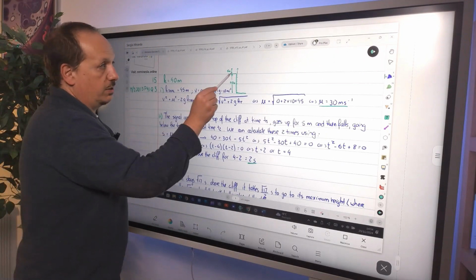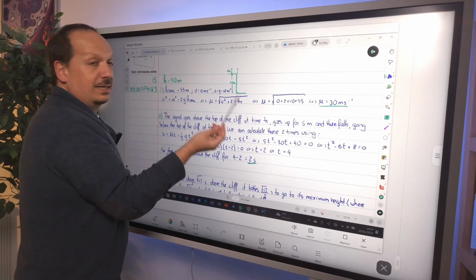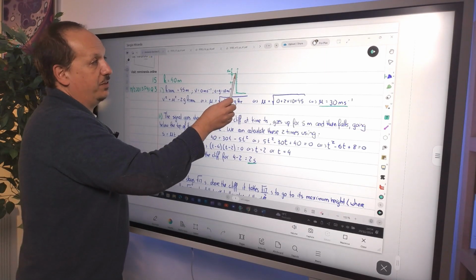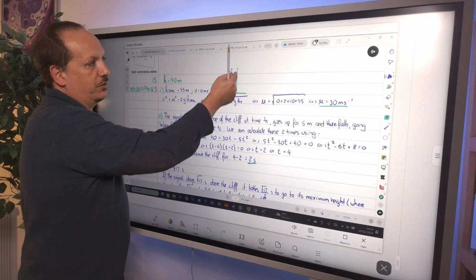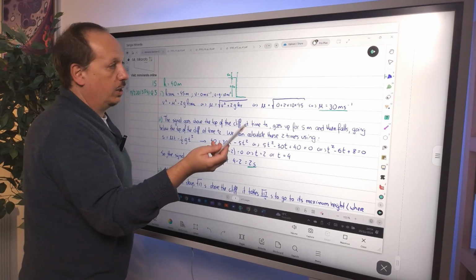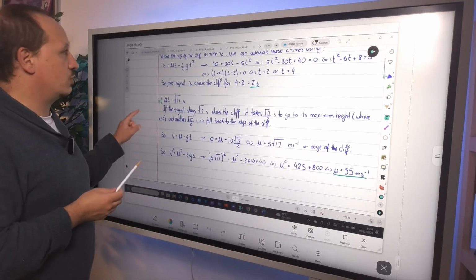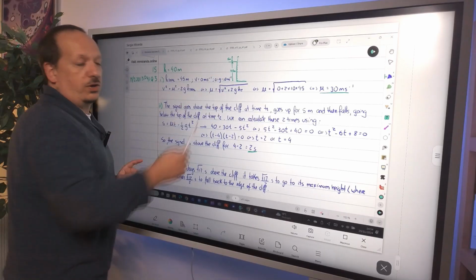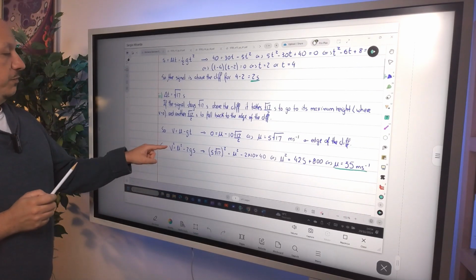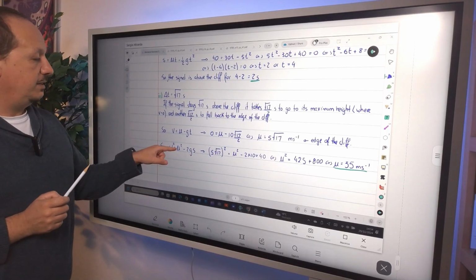Still not what you want, what the question is asking. The question is asking for the speed over there. But now you already have this, which is going to be your final speed for this section over here. This is going to be your initial speed, what you want. The acceleration is still 10 meters per second squared, and the distance is 40 meters. So now you can use v squared equals u squared minus 2gs to calculate u.